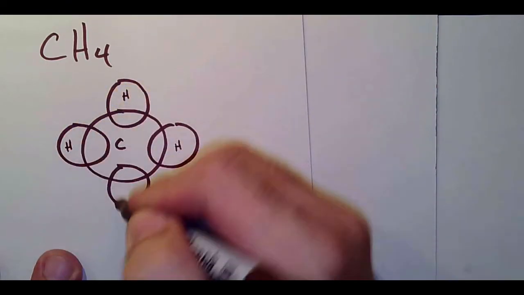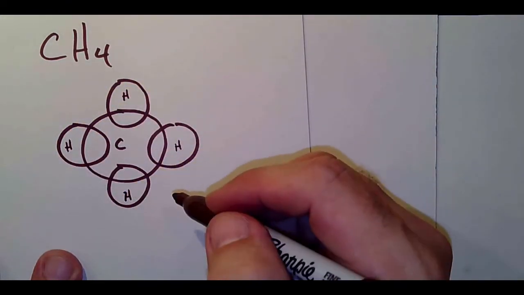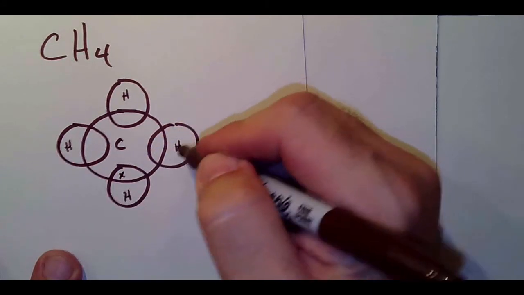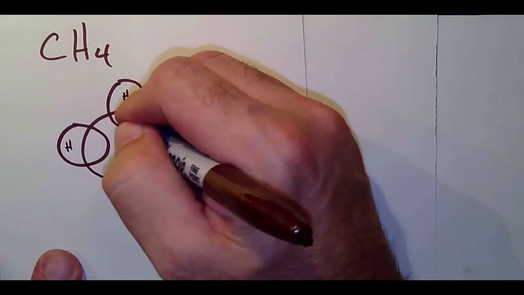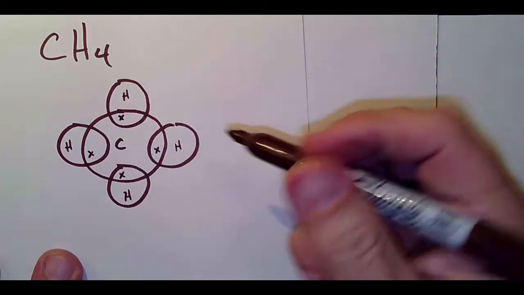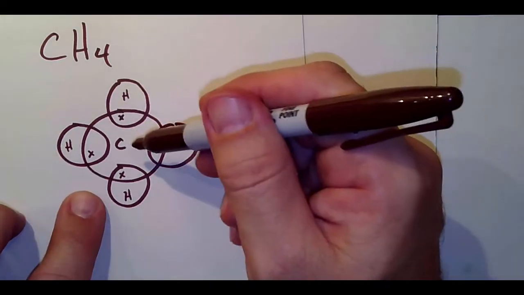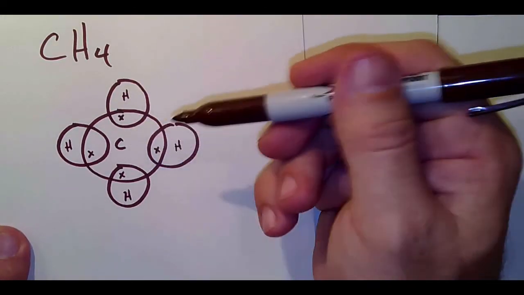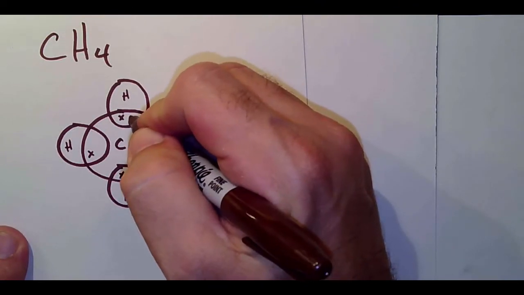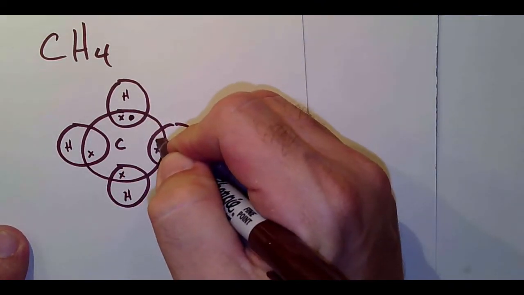I'm going to draw these hydrogens with their single electron as an X in this shared area. So they're each bringing their own electron, and what we know about carbon is it's got 4 electrons in its outer shell, and I'll represent those 4 electrons from carbon with a dot.